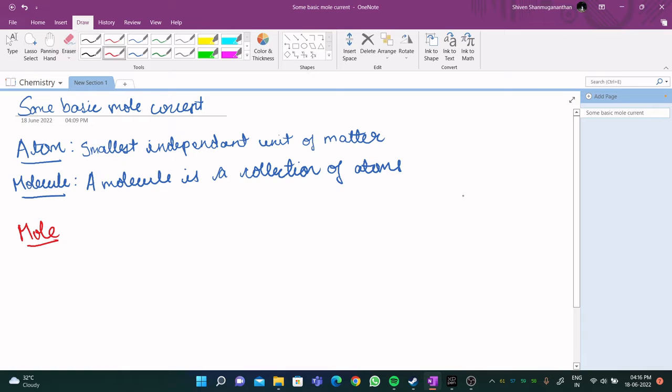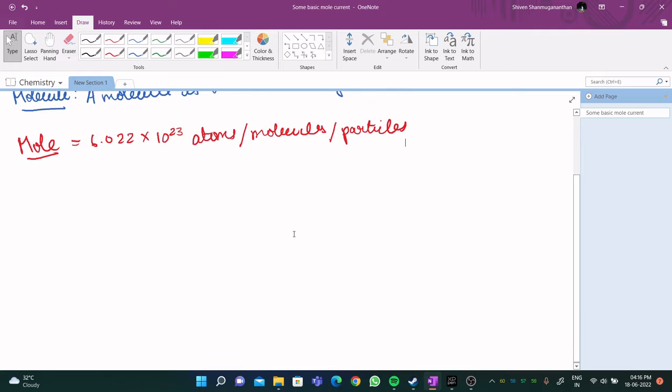Okay, so now that we know what Avogadro's number is, 1 mole is equal to 6.022 into 10 to the power 23 atoms, molecules, or particles. I can say particles, right? Now, just for clarification, I'll write it down again.